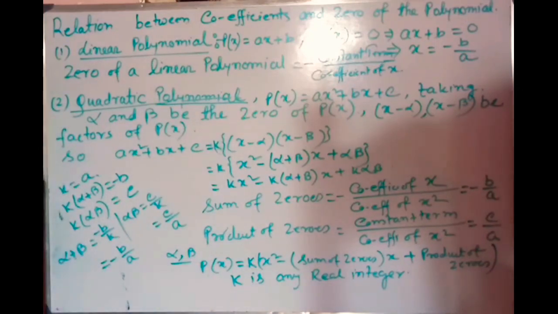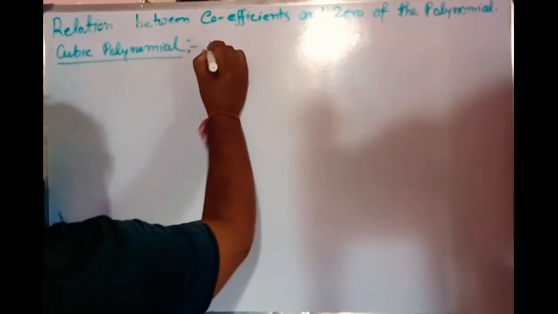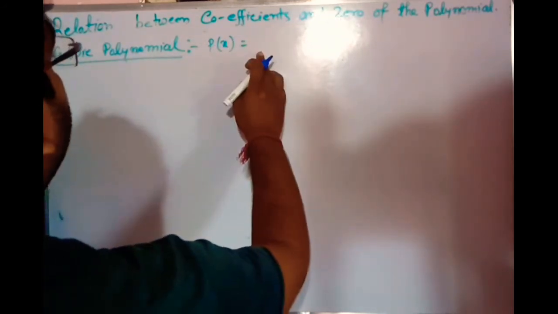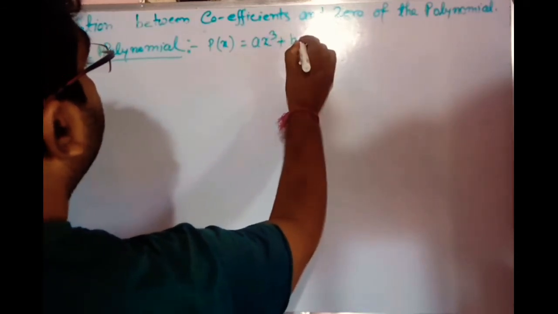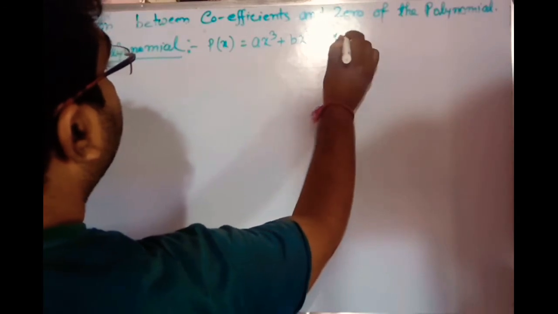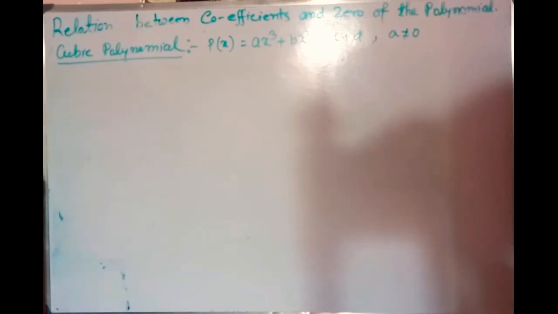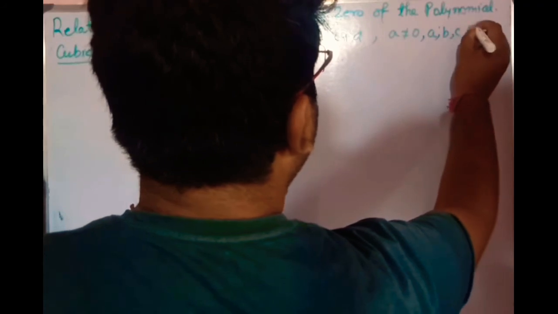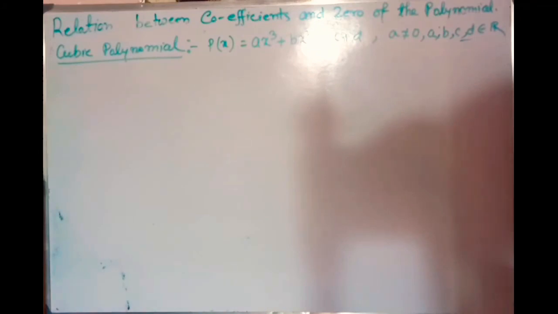Next we will go to the cubic polynomial. Now what is a cubic polynomial? A cubic polynomial p(x), as we discussed in my earlier video, can be represented as ax cube plus bx square plus cx plus d, where a must not be equal to 0, and a, b, c, d are real numbers.